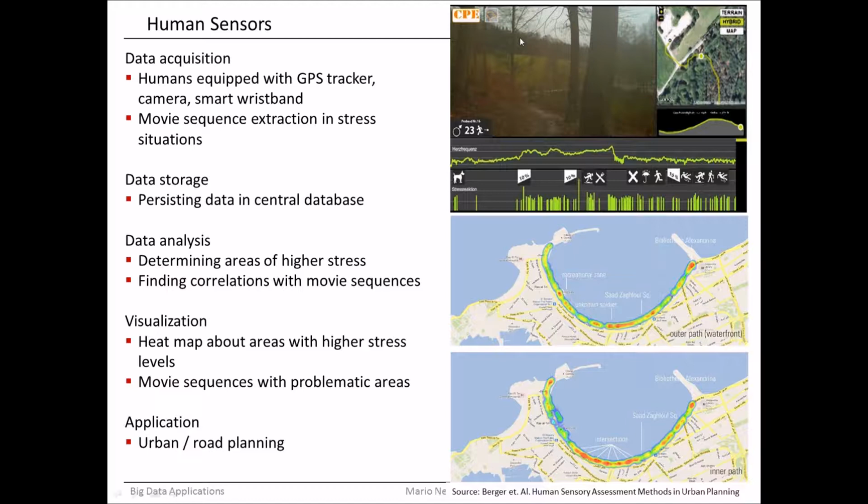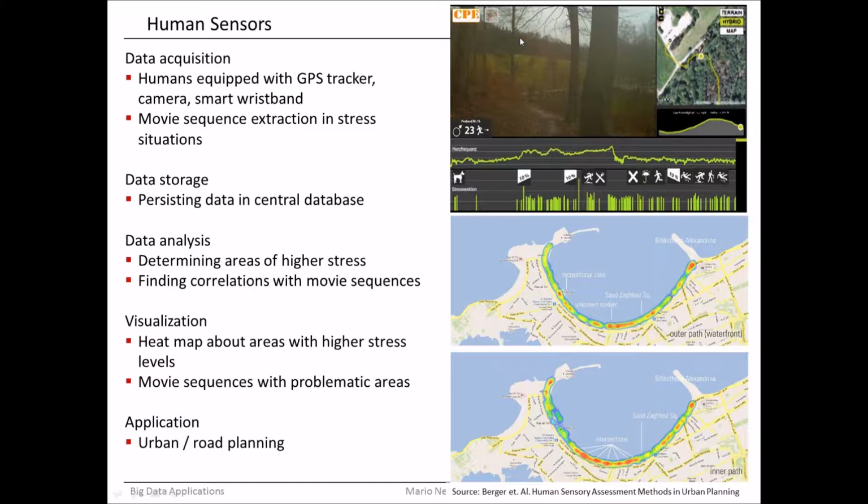Data from humans, from human behavior is acquired, and it's connected with a GPS tracker such that you can monitor the human behavior in certain situations. That means you, for example, monitor a person while this person is moving along a certain path.